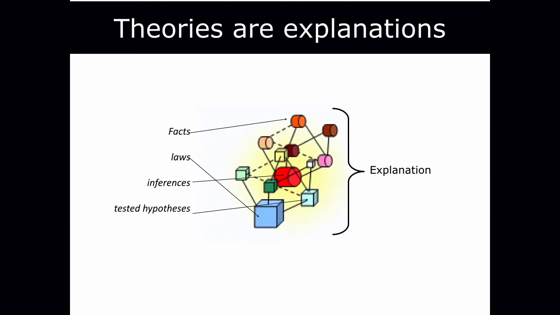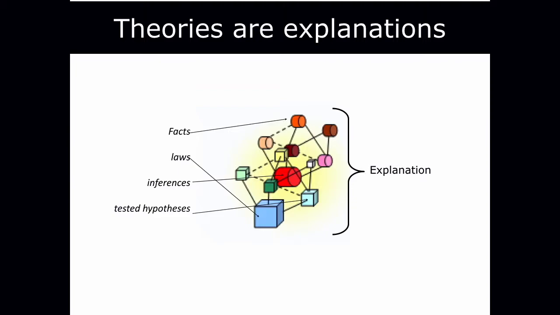Here's a visualization that may help make sense of this. On the right, you can see that an explanation is encompassed by many different features on the left, such as facts, laws, inferences, and tested hypotheses. The order, the articulation, the assembly of these ideas together in a logical way helps to build what we call a theory.